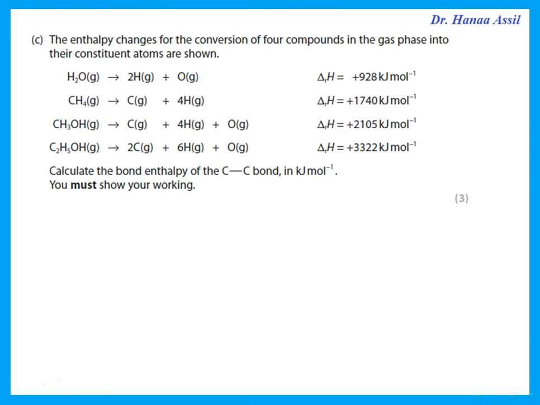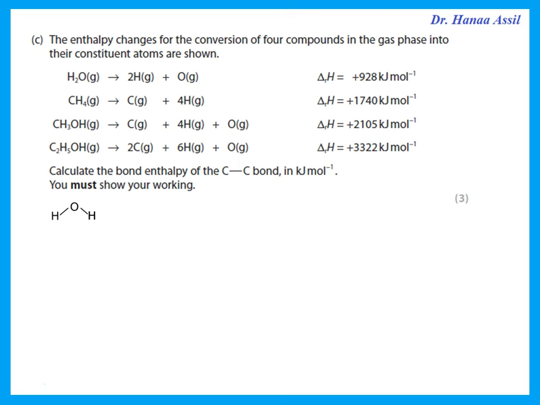Enthalpy changes for conversion of 4 compounds in the gas state into their constituent atoms are shown. Calculate the bond enthalpy of the C-C bond in kilojoule per mole. Okay, the C-C bond we can get from all of these bonds. So that first equation is giving me the delta H for breaking of the bonds in water.